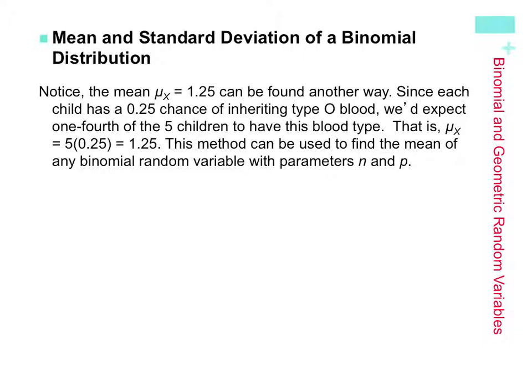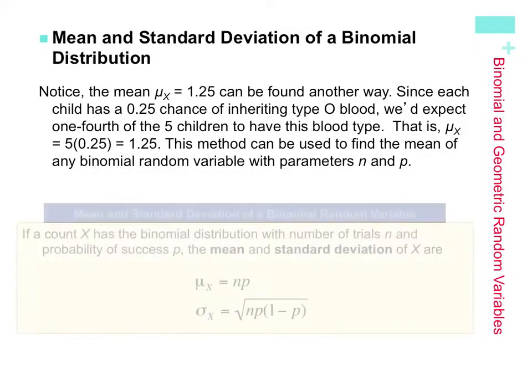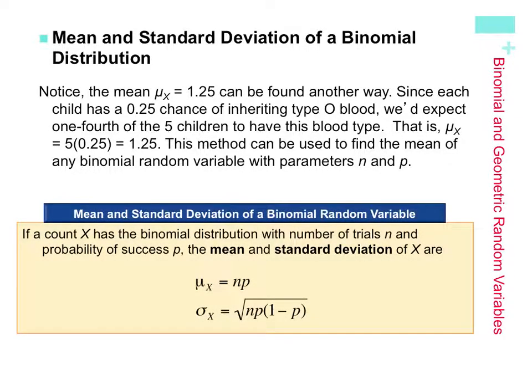This method can be used to find the mean of any binomial random variable with parameters n and p. That's going to be the number of fixed trials times your probability.